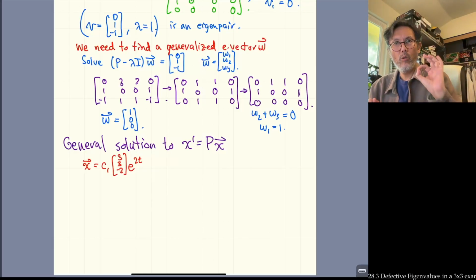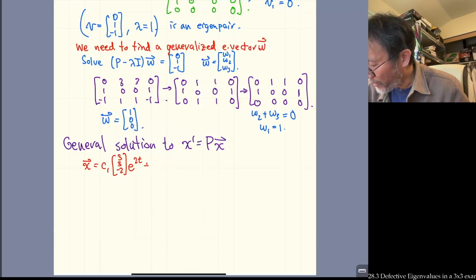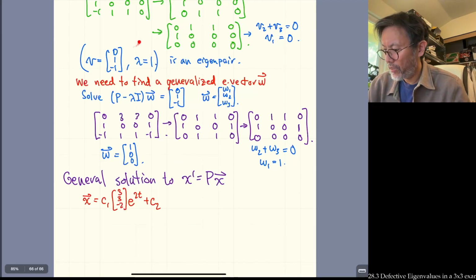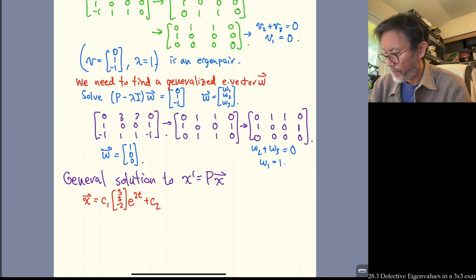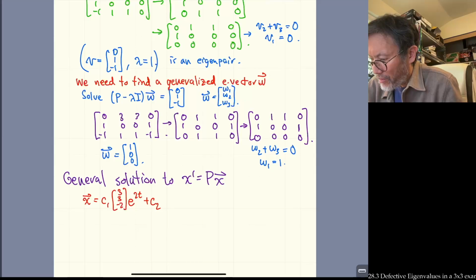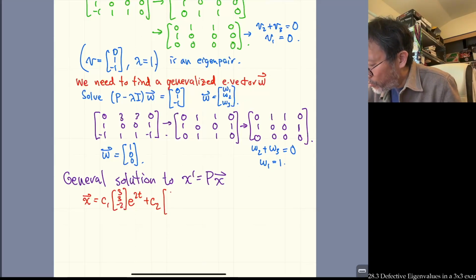Okay, cool. Next, I'm going to use my second eigenpair, sitting right here. Same format, same ansatz: 0, 1, negative 1 times e to the 1t, which is just e to the t.